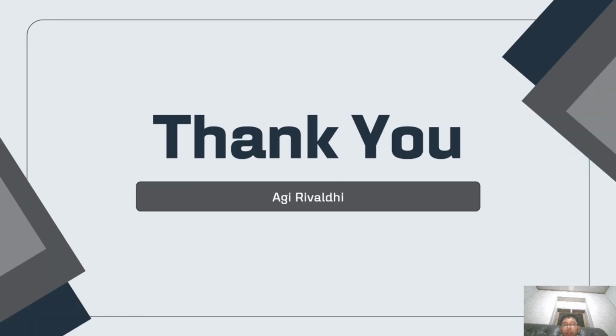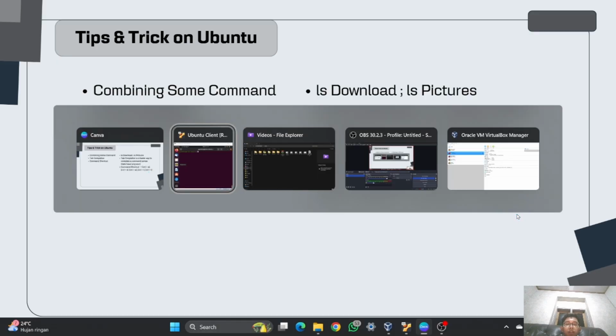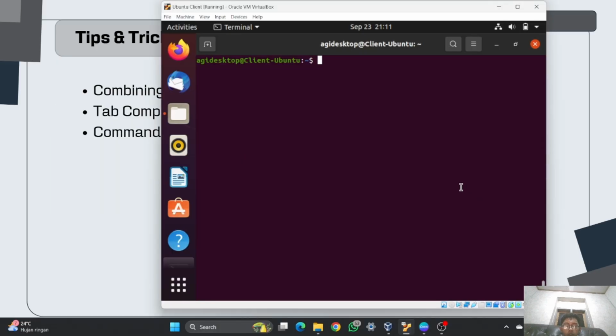And the last trick is command shortcuts. There are Ctrl+A, Ctrl+E, Ctrl+W, Ctrl+R, and then Ctrl+L. I will practice Ctrl+A first. For example, I will type Downloads. The Ctrl+A command shortcut goes to the first word that you typed.